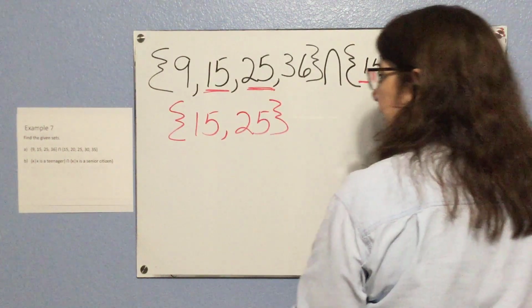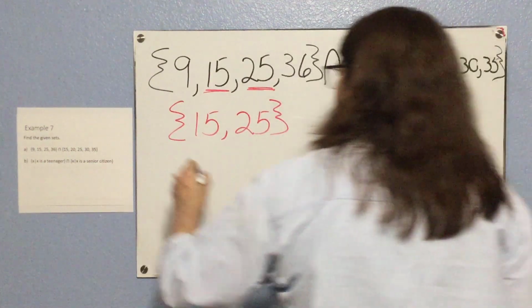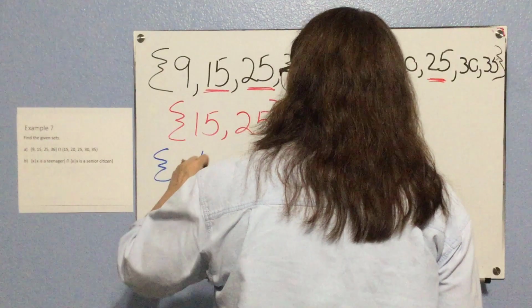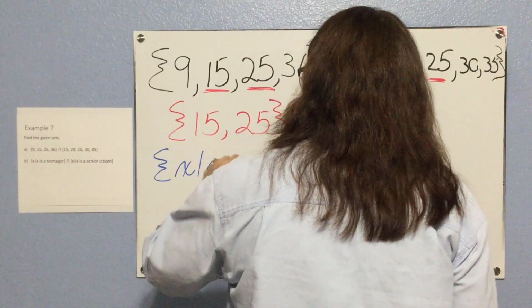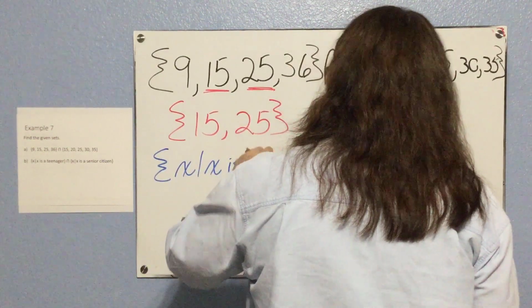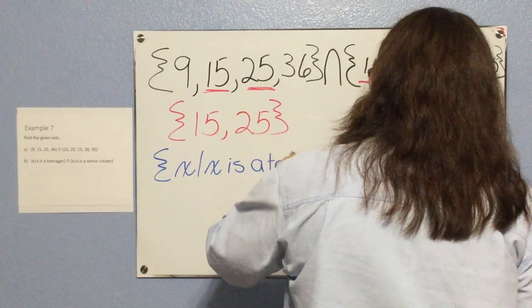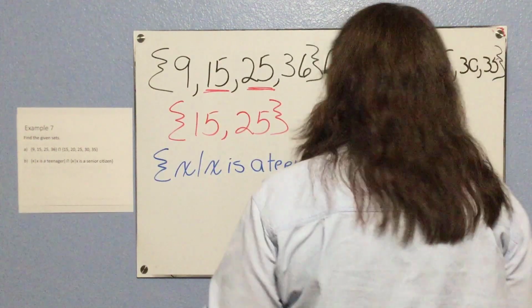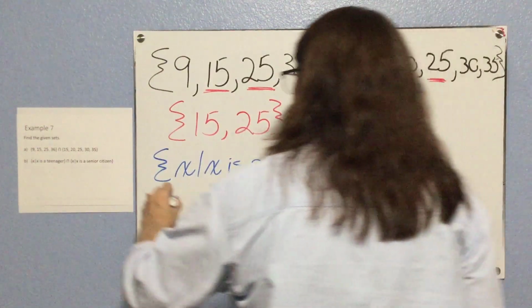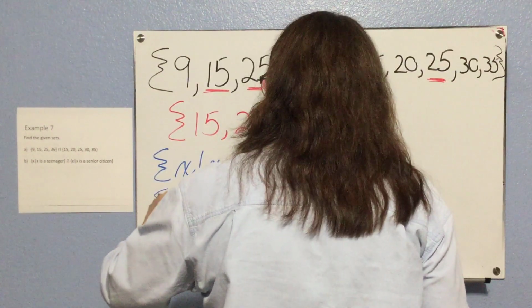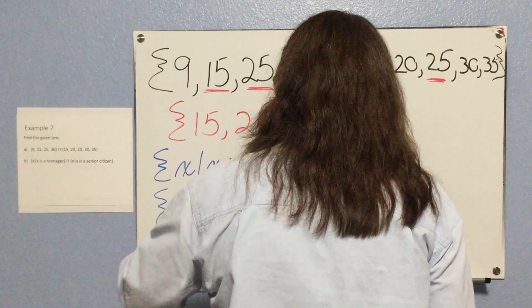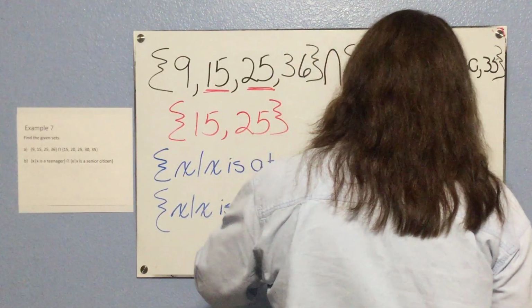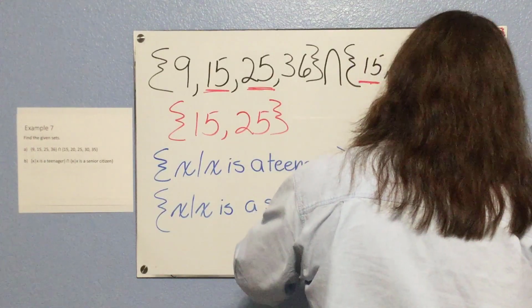Okay, let's look at another one. Set notation this time. X such that X is a teenager. And I want to intersect that with X such that X is a senior citizen.